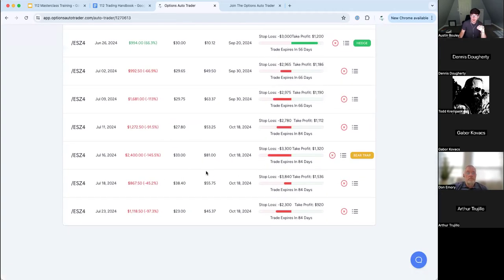And I can just show you here. These two trades were literally placed 2 days apart. This trade was entered on a green day, and this trade was entered on a red day. With the market dropping as much as it did, this one is only down 45%, while this one's down 145%.